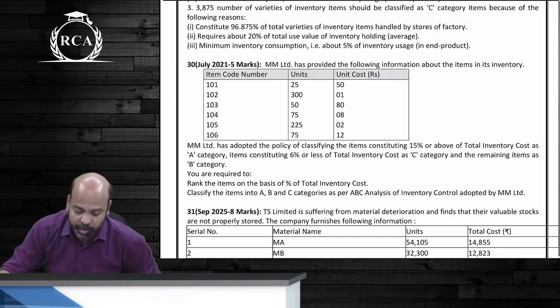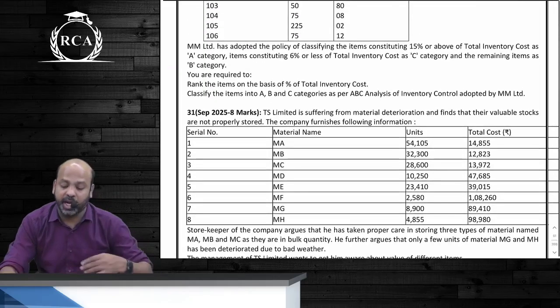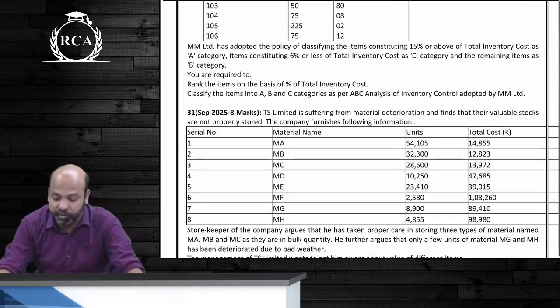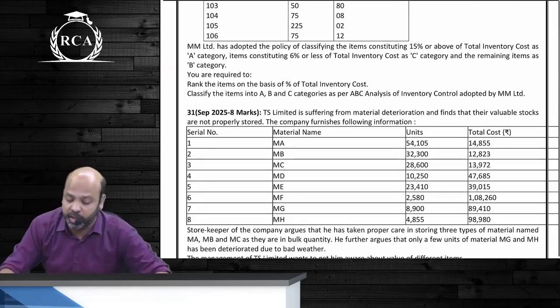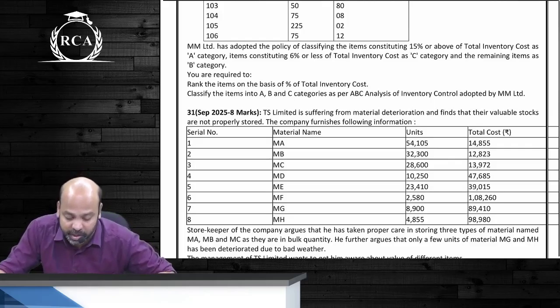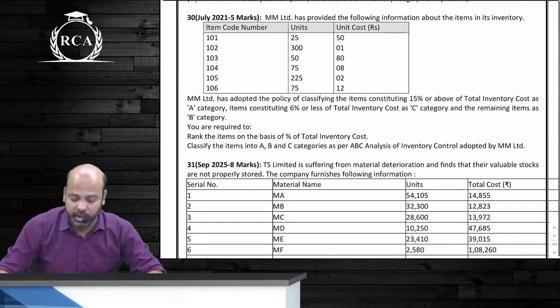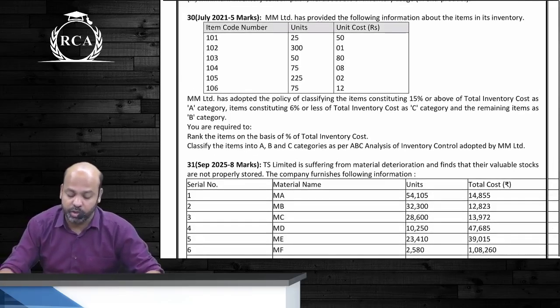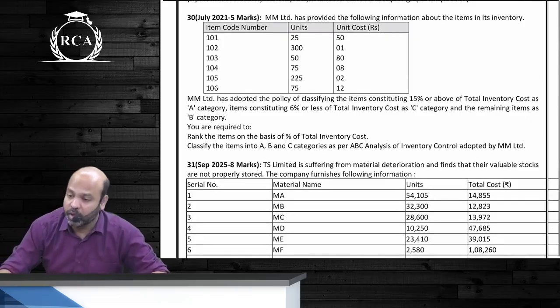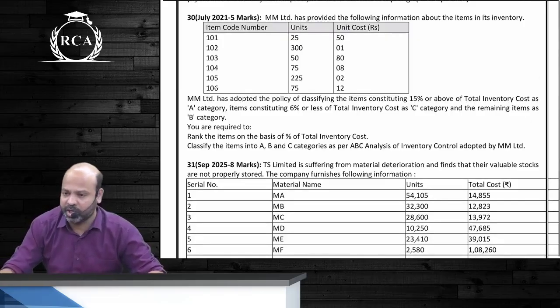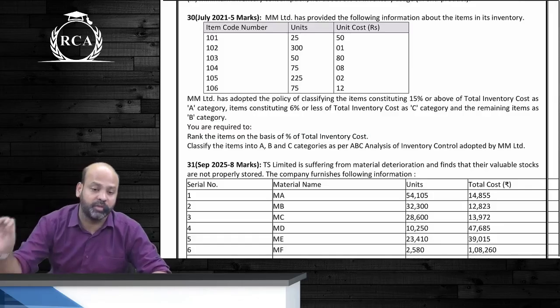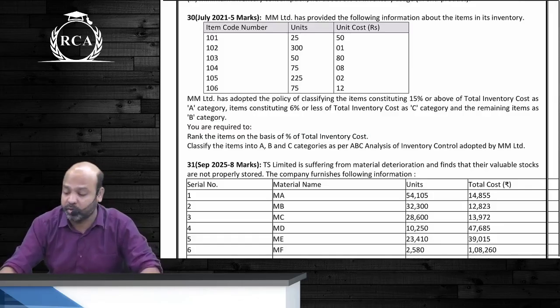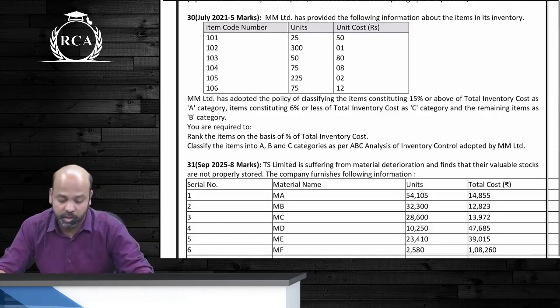Below it is written: MM has adopted the policy of classifying the items constituting 15% or above of the total inventory cost as category A, items constituting 6% or less of the total inventory cost as C, and the remaining items as B category. You are required to rank the items on the basis of percentage of total inventory cost and classify the items. Nobody is asking for your suggestion or analysis. It is only asking us to rank the items on the basis of the total inventory cost and then classify them into these three categories. Are we clear? Write it down.